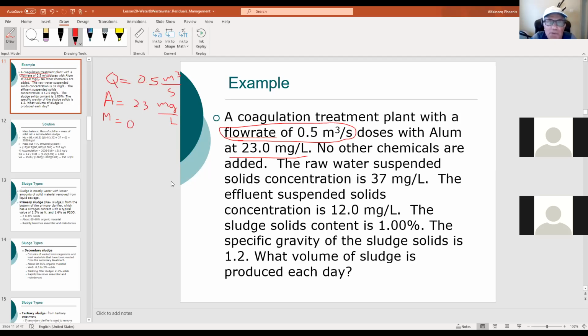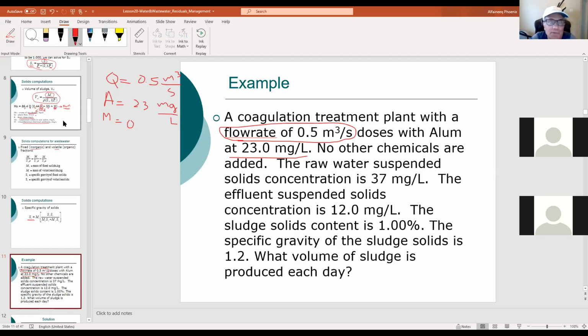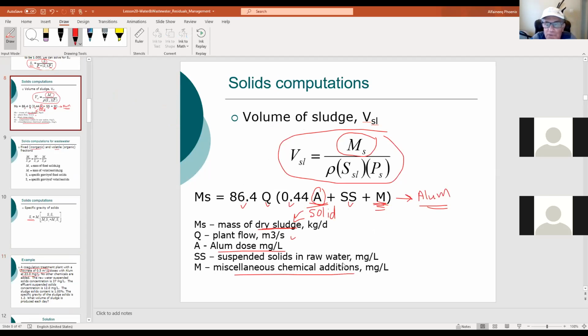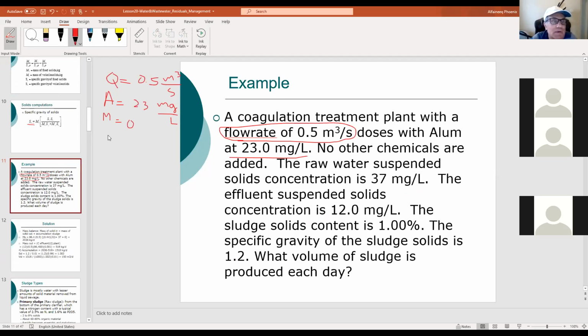The raw water suspended solid concentration is 37 milligrams per liter. Let's write it down. SS is 37 milligrams per liter.